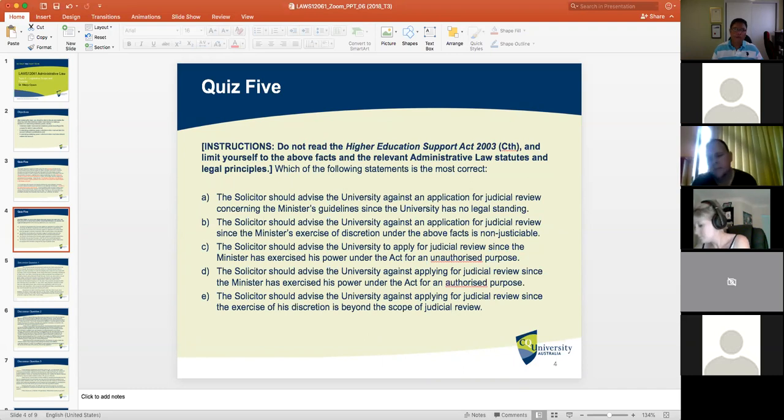It could be for the purpose of hitting back at somebody who's trying to sponsor a particular visa applicant. But in that particular case, if we know that there is an ulterior motive behind the decision of the executive, even if it is an action that is authorized by the law.